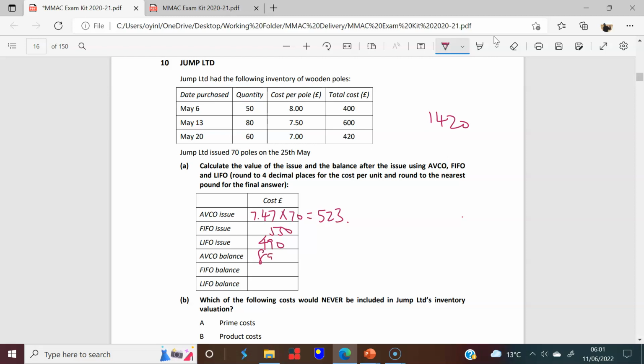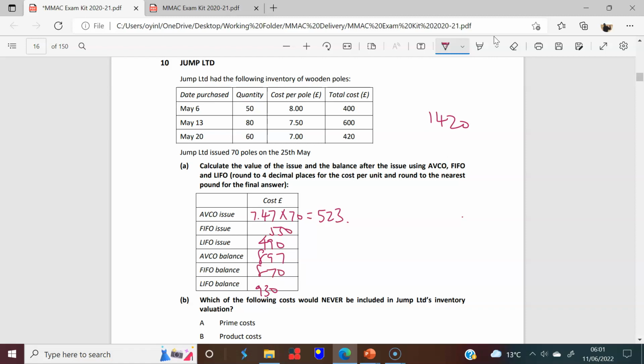That must be the balance here. 1420 minus the 490, that would be the LIFO balance, 930. I don't know why they had to swap these around. Oh, sorry. Let me just do that again. The FIFO balance would be the 1420 minus the 550, which is 870.